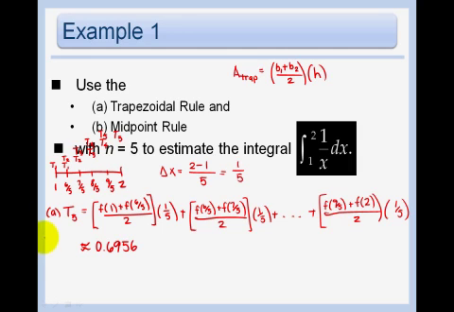And then for the second part, the midpoint, I just need to go in the middle. So just rewrite my number line.